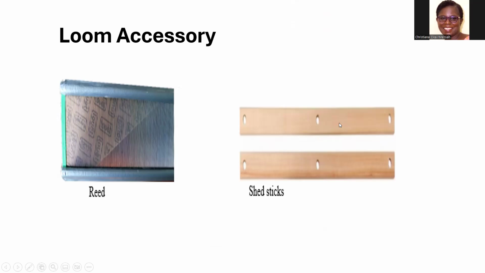You need to put them in the crossing area so that this one will help you to create the shed. So they are called shed sticks. You put one here and then the other one here. So they will always guide the weaving process. So it is not part of the loom, but without it, you cannot do actual weaving.